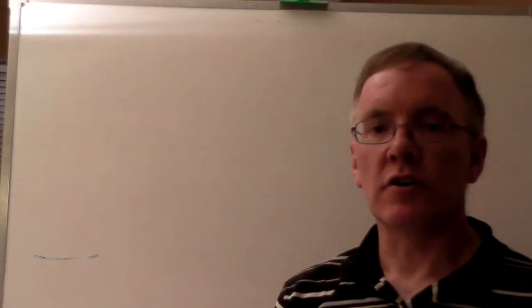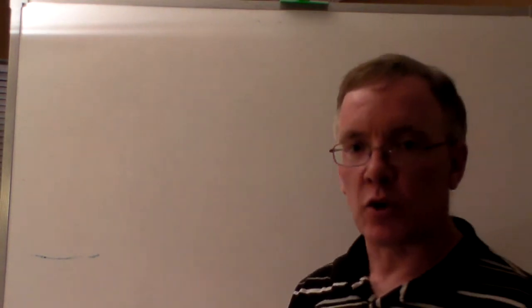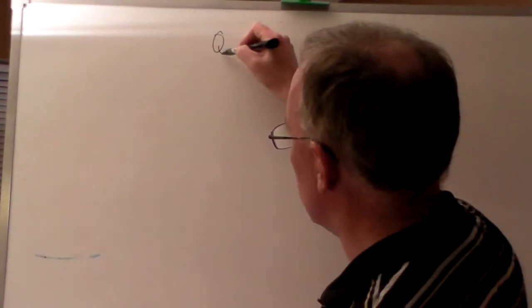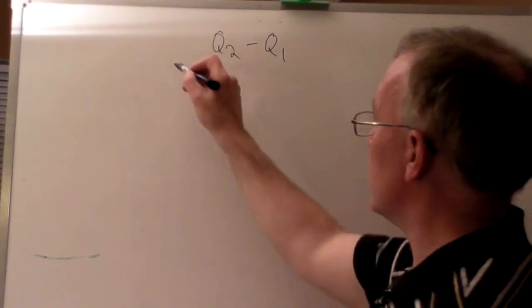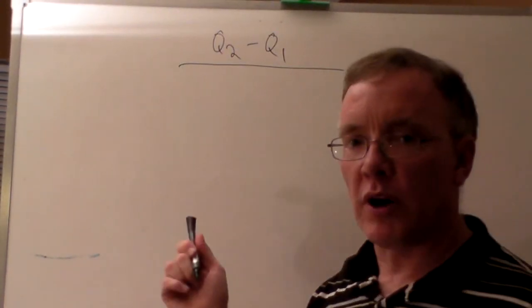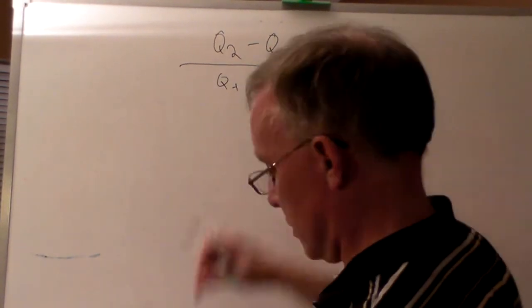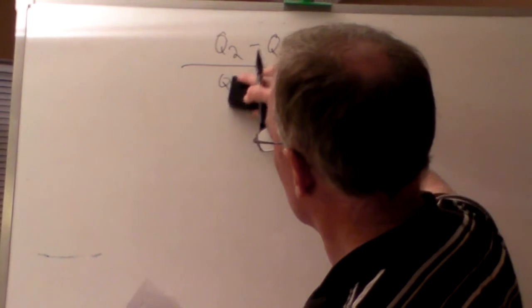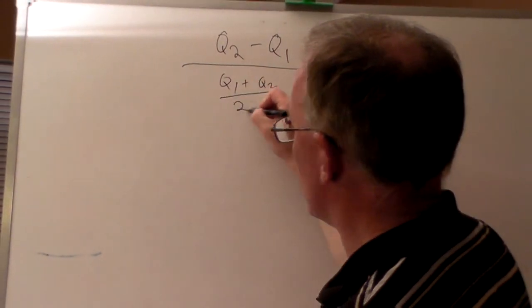So the midpoint method says that to calculate a percent change of, say, the quantity, we'll take the second quantity, subtract the first quantity, and then we'll divide that by the midpoint of the two quantities, which of course would be the first quantity plus the second quantity divided by 2.